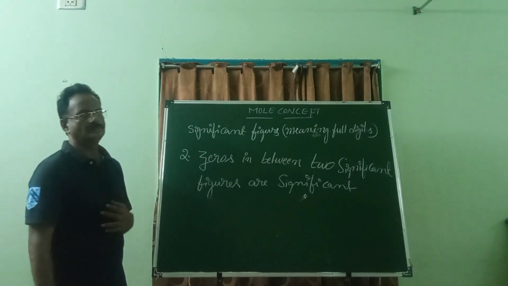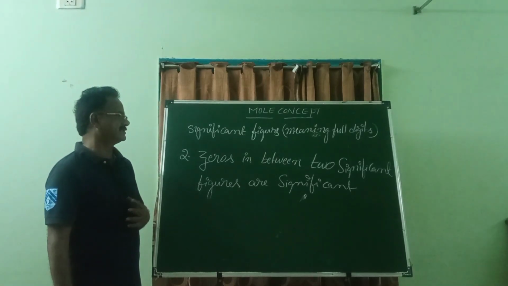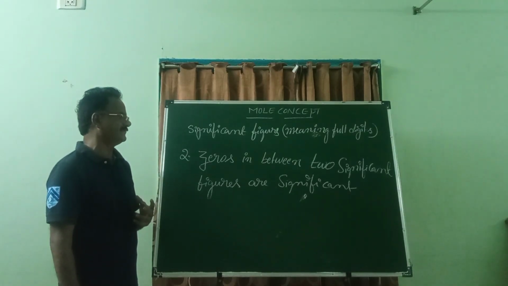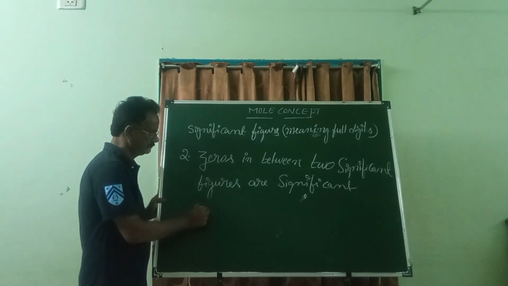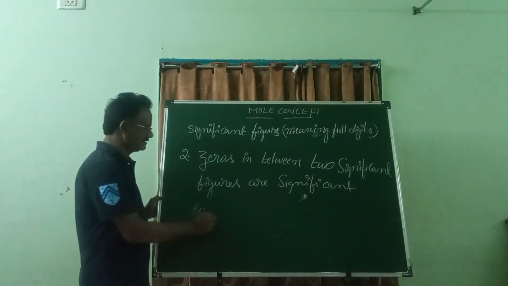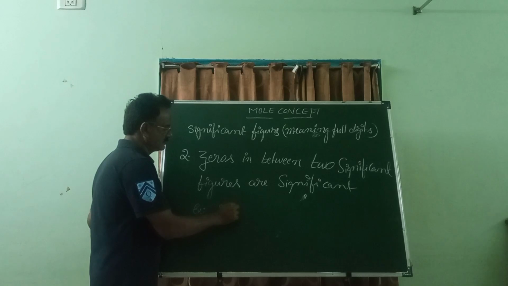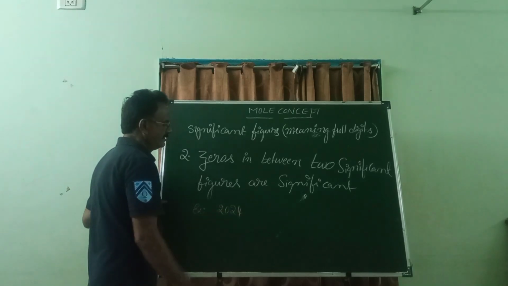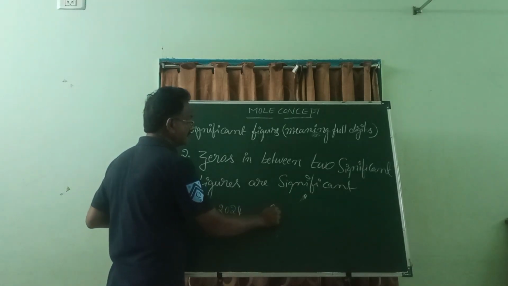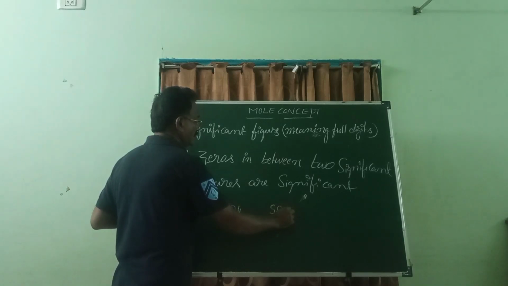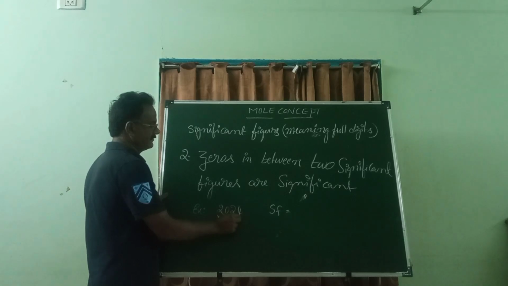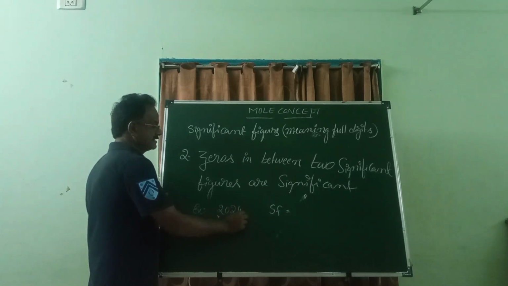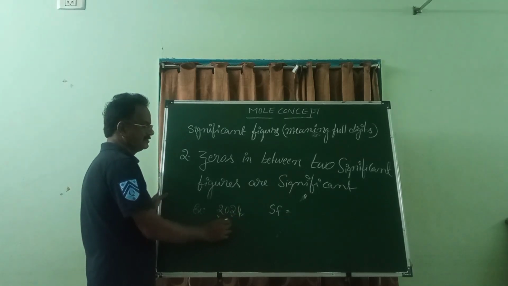Rule number 2 is zeros in between two significant figures are significant. Let us see one example. When you consider the number 2024, this is significant, this is significant, and this is also significant, being non-zero digits.